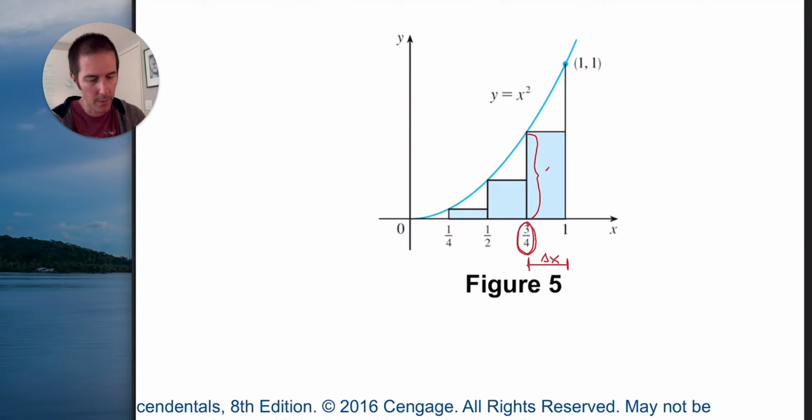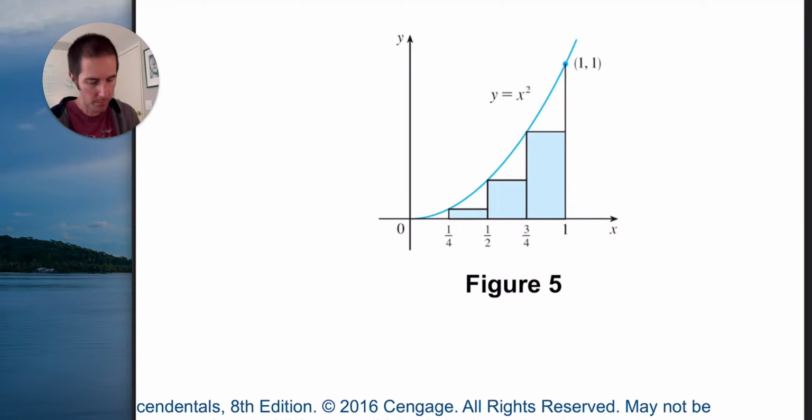That height right there is f of 3/4. So the area of that rectangle would be delta x times f of 3/4, which is 1/4 times, it turns out to be, 9/16.